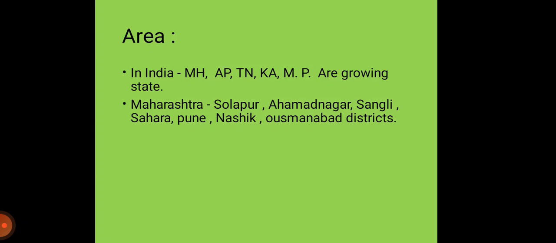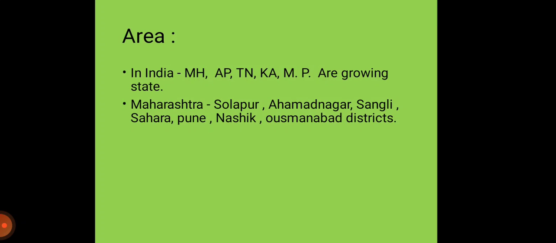Now about the area and its production. In India, and all over the world, this crop is imported and grown in China, Malaysia, Nigeria, Sudan, Argentina, and some African countries.